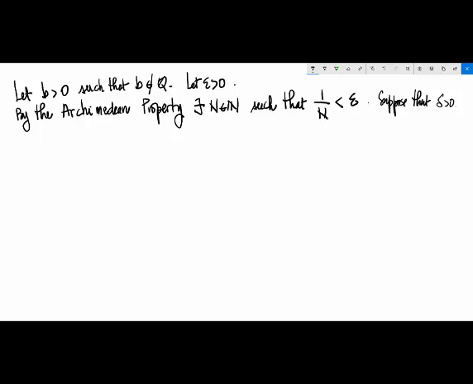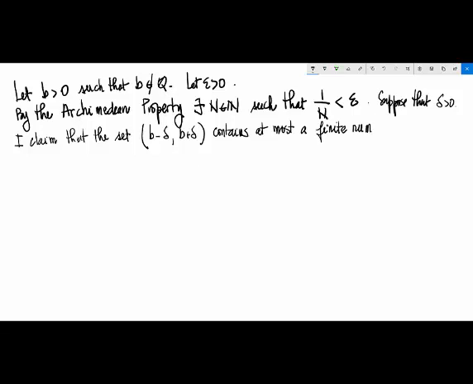Then I claim that the open set b minus delta, b plus delta contains at most a finite number of elements of the form m over n, which are rationals, such that somehow little n is less than or equal to big N.